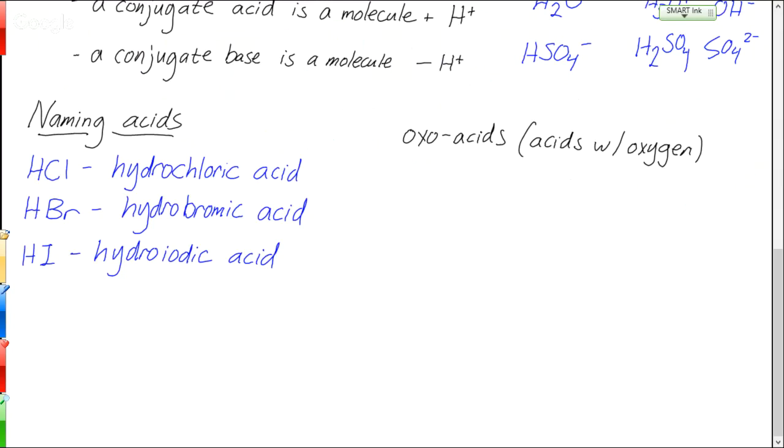So for instance, HNO3. What's the ion NO3? Nitrate, right. So we call this one nitric acid. It comes from nitrate, so it's nitric.